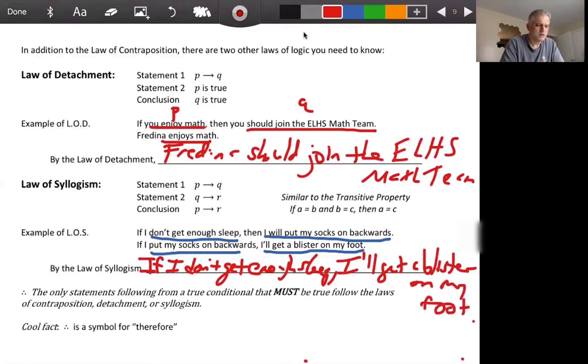So if A, then B; if B, then C; so if A, then C. It's kind of like the transitive property that you had before.